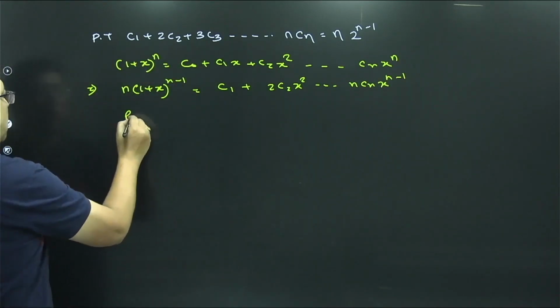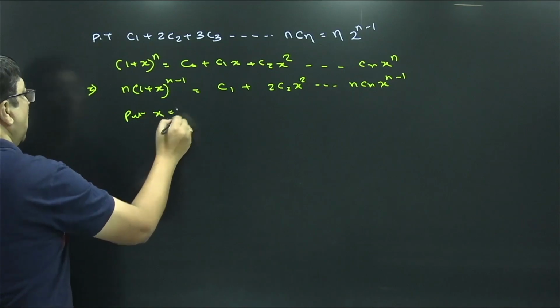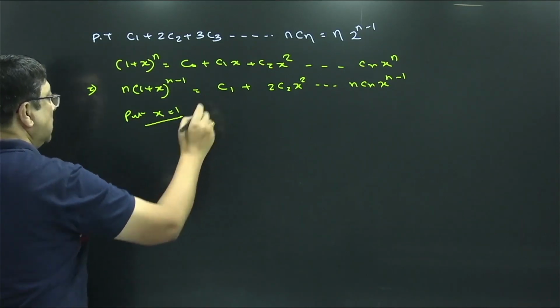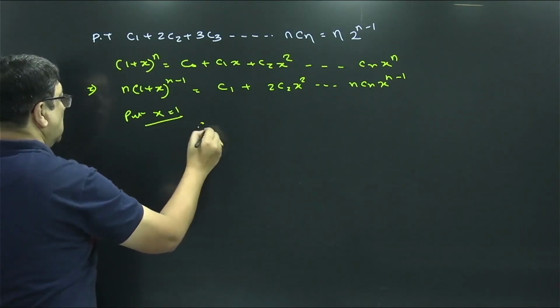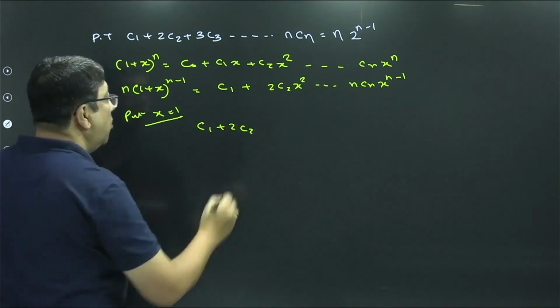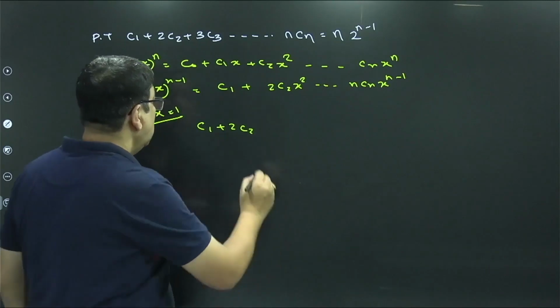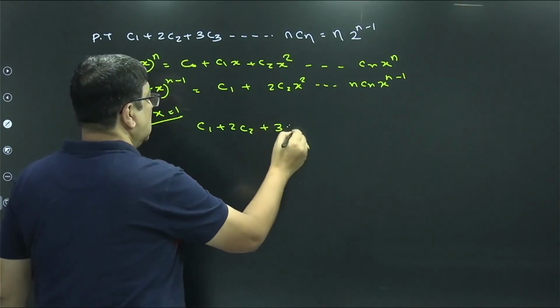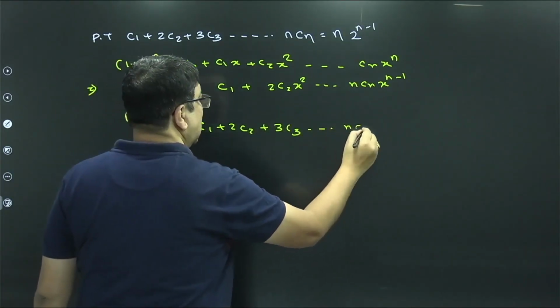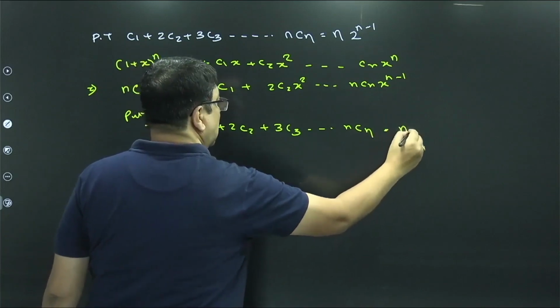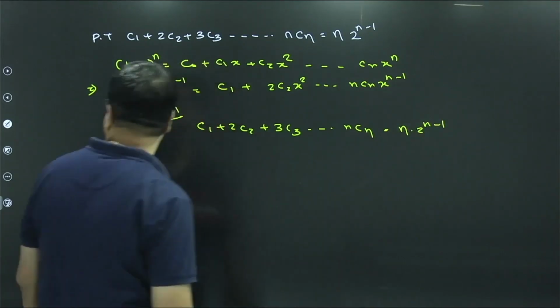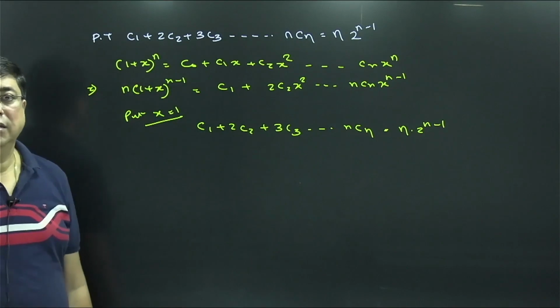Therefore, put x equal to 1 on both sides. We are getting C1 plus 2C2 plus 3C3 up to n Cn equal to n into 2 to the power n minus 1. So, let us go to another sum.